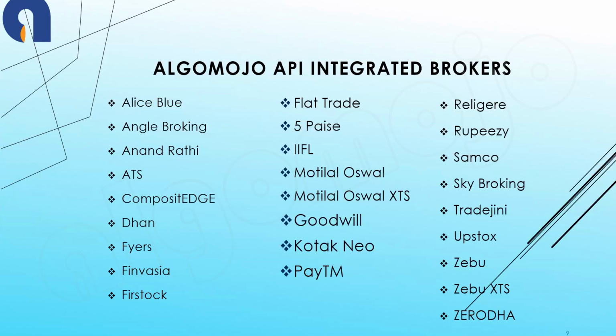Amibroker, if you already have, see, our platform is meant for people to automate their strategies, which could be running in various charting tools. We are not a strategy provider, so to say.